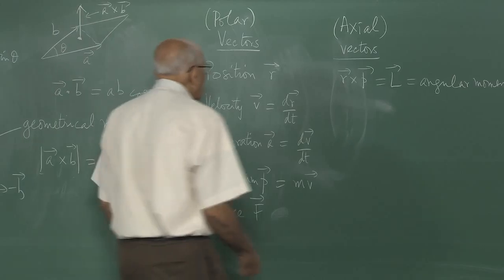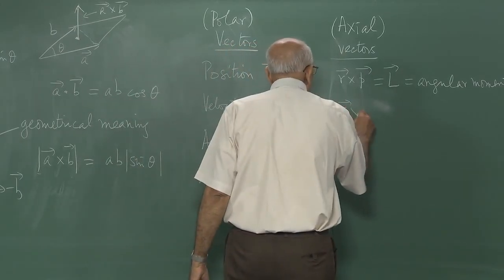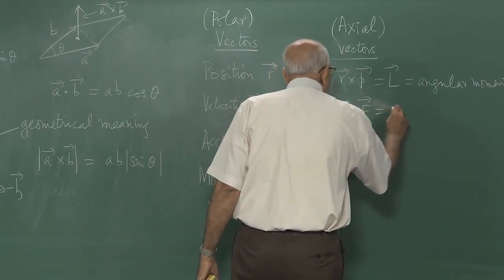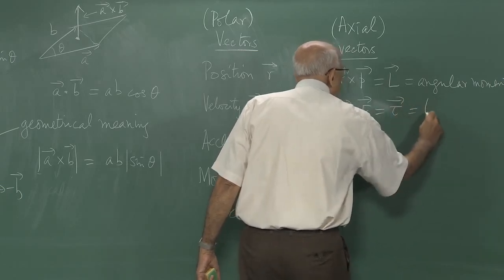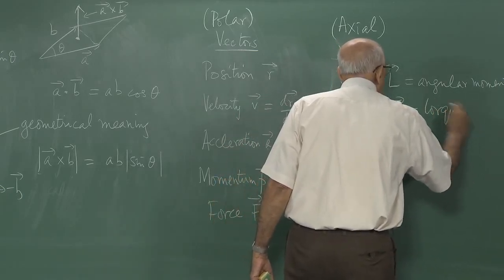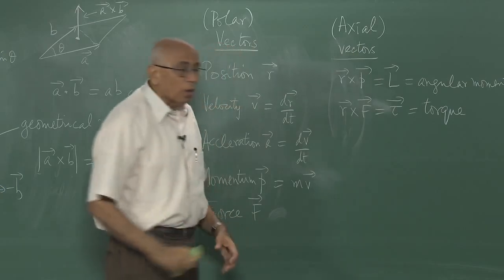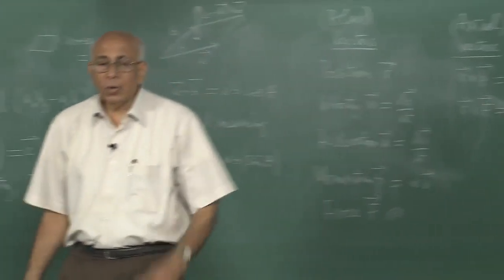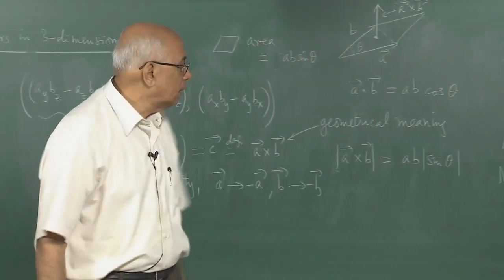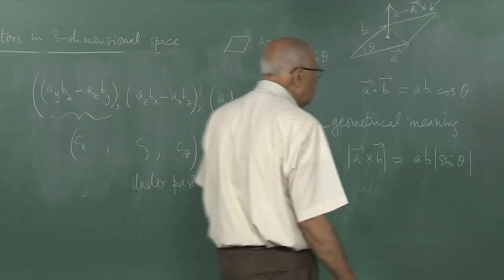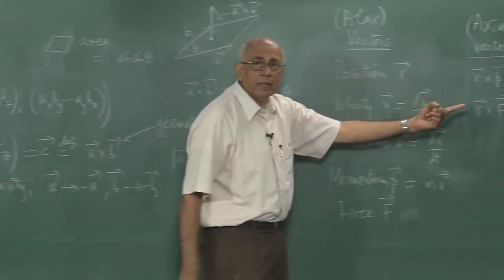For instance, if you did r cross f, this is equal to tau and it is equal to the torque. So the torque is an axial vector, the angular momentum is an axial vector, the cross product of any two vectors here is an axial vector there.